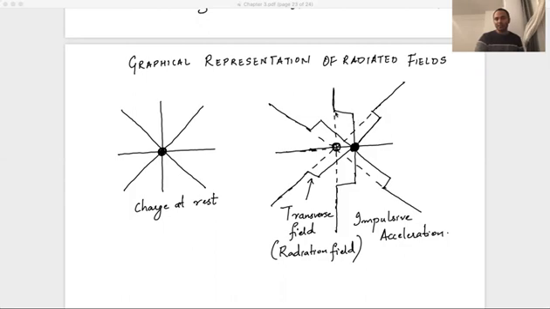In some intermediate location, the field lines have to be continuous. You can't have a field line that just ends in vacuum. So at some intermediate location, the field lines are going to connect. And that radial distance where those field lines are connecting is going to move out at the speed of light. The whole thing is going to expand at the speed of light as the information of the new position of the charge propagates.